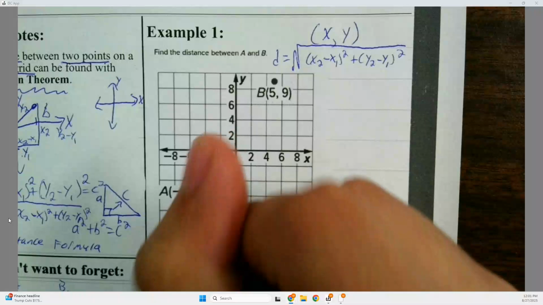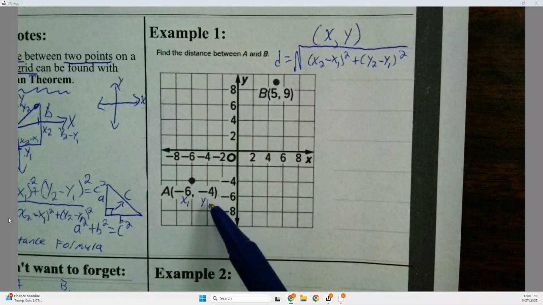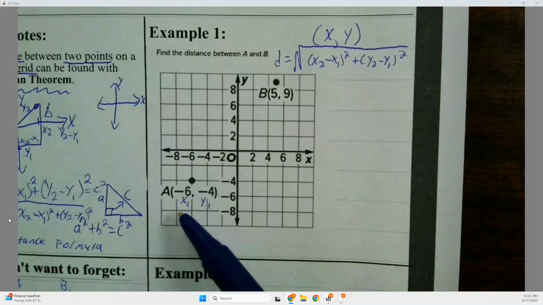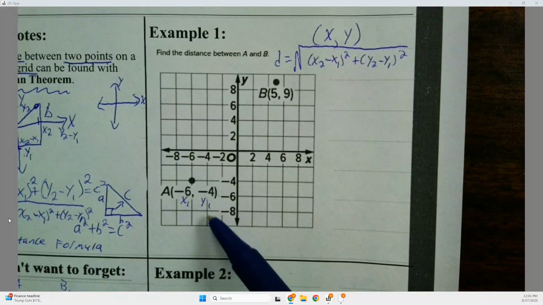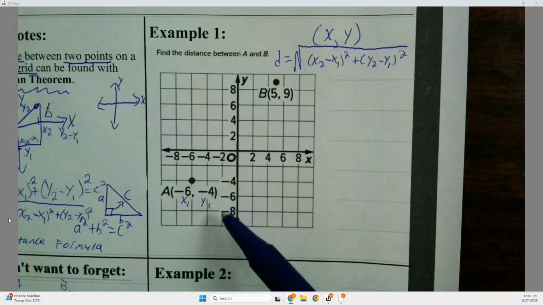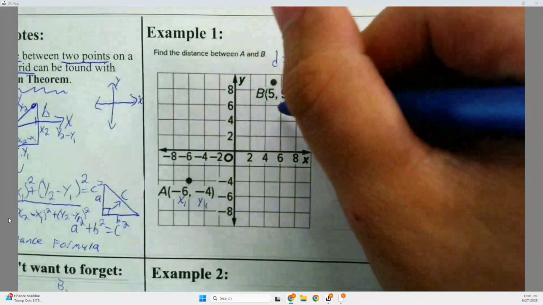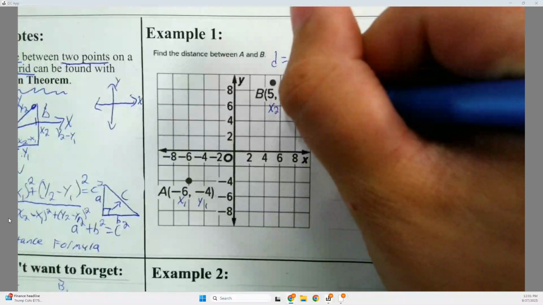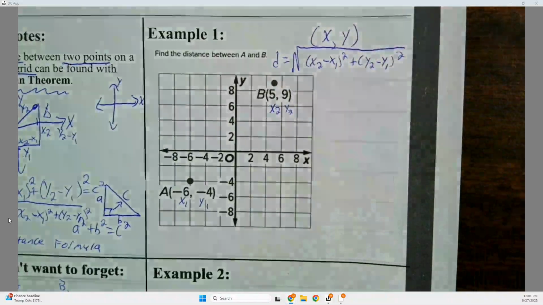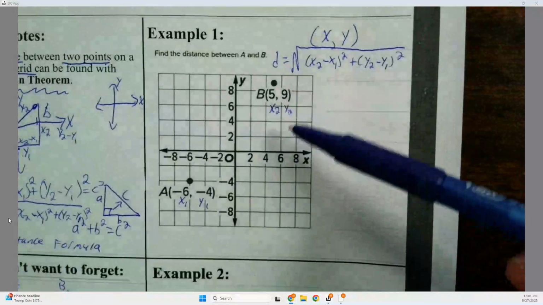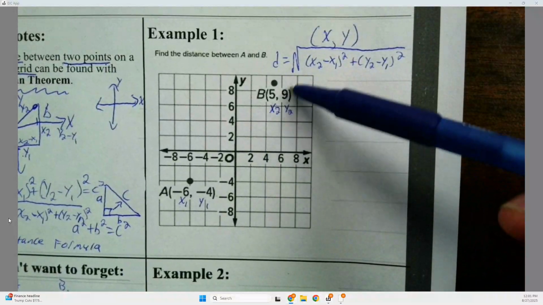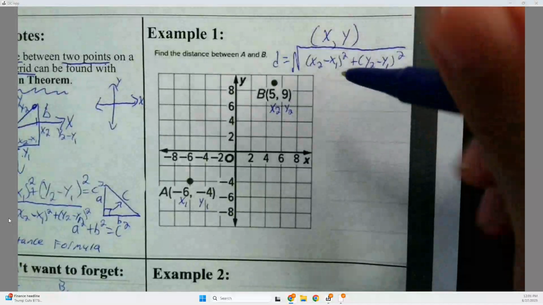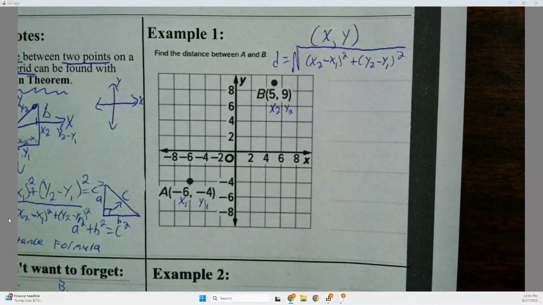And y1 is going to be the corresponding y value that goes with the x. So if I have x1 is negative 6, y1 has to be negative 4. That means I have x2 is 5, y2 is 9, excuse me. And now I have everything I need. I just plug it into my formula.